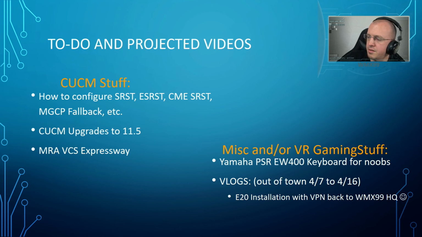And then for the vlog series, because I'm going to be going out of town, as I've mentioned before, that E20 I set up, I'm going to set it up at my mom's house in Michigan. So I'll be flying out there and getting that set up, because she has the 88 or 881W router, hardware-based VPN.